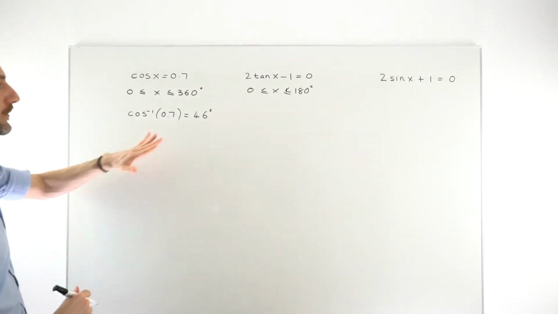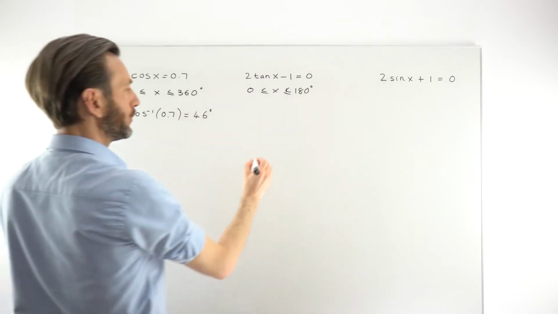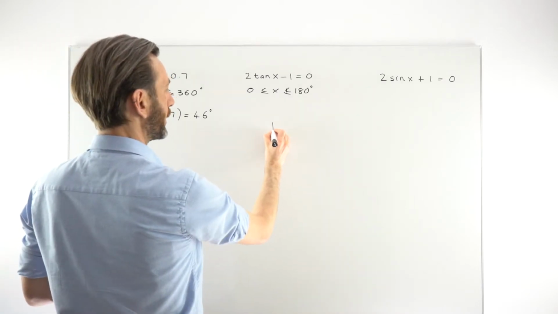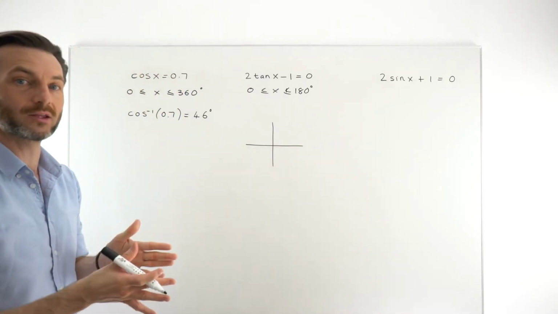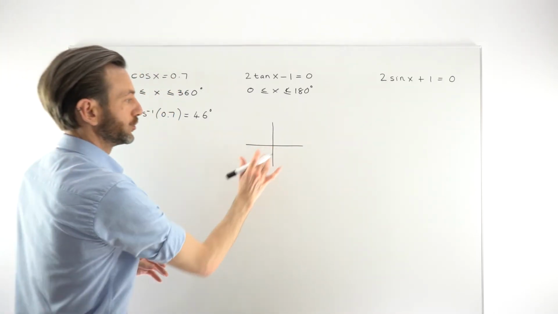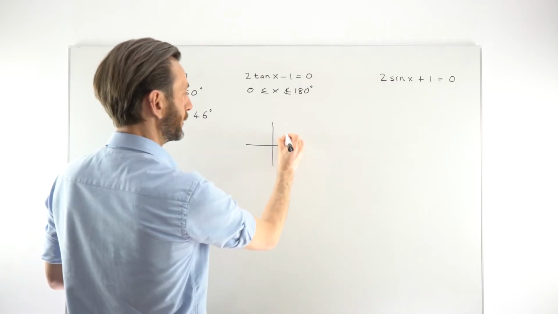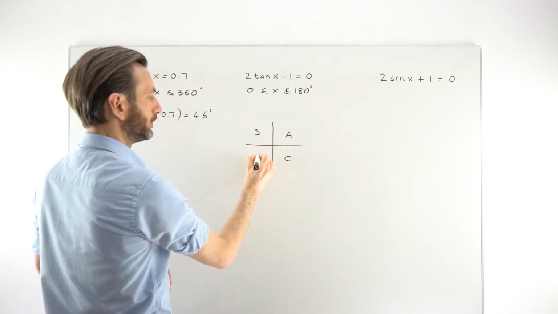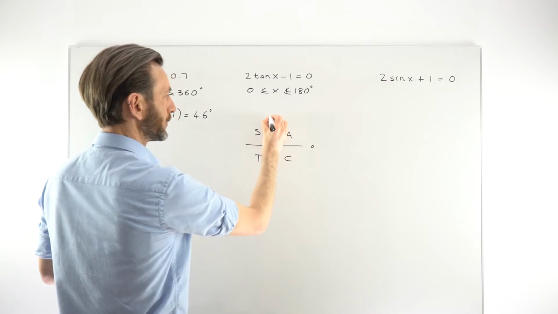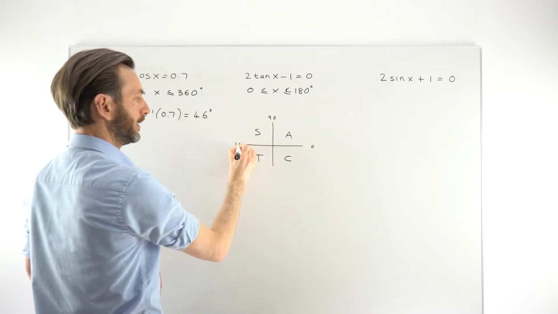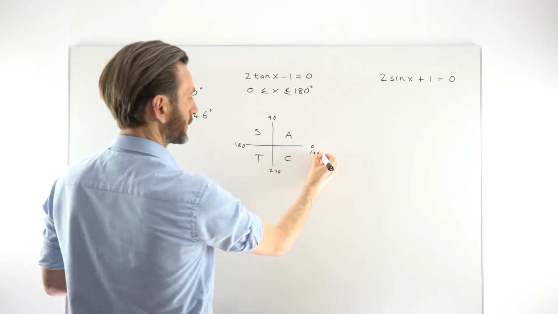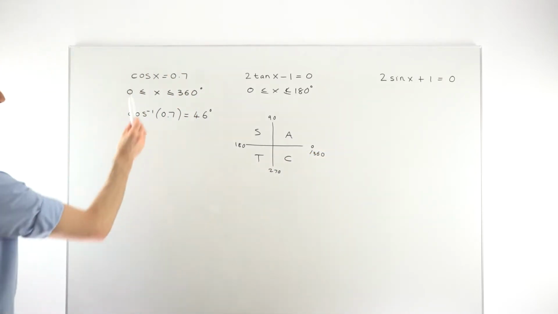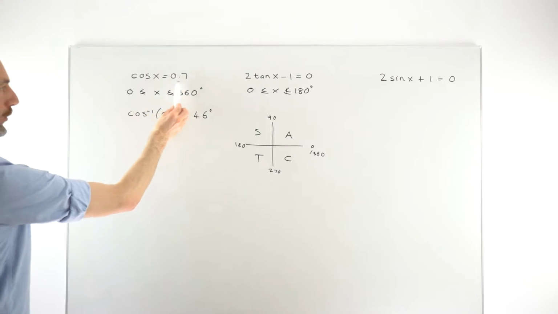The other thing we need for these is the CAST diagram. If you're not familiar with this, it's going to be a little bit confusing, and I would recommend checking out the class on the CAST method. The CAST diagram goes 0, 90, 180, 270, and then back one full cycle to 360. In this question, we've got cosine equaling a positive value.